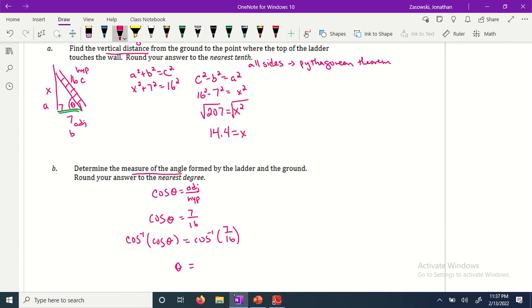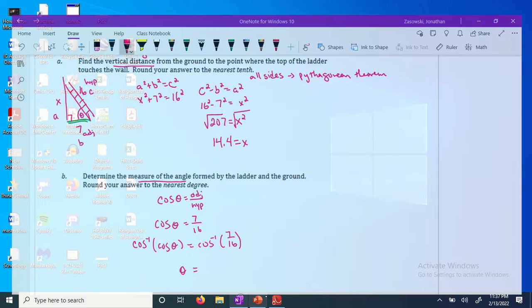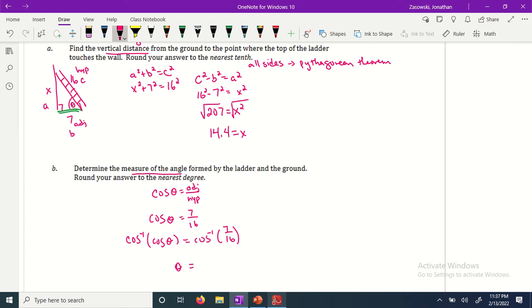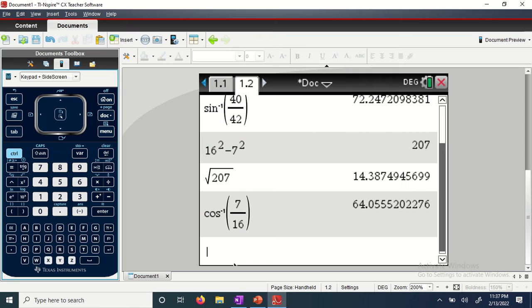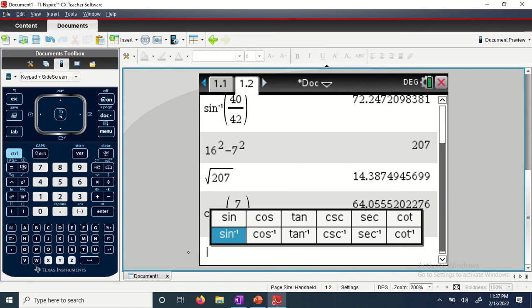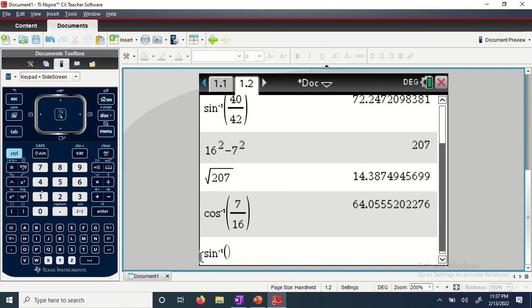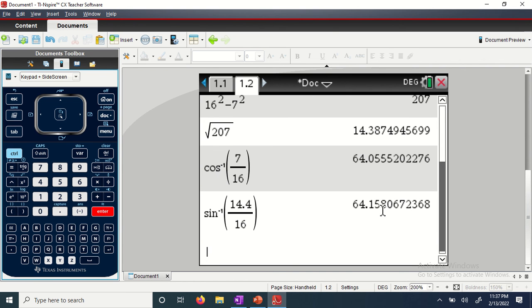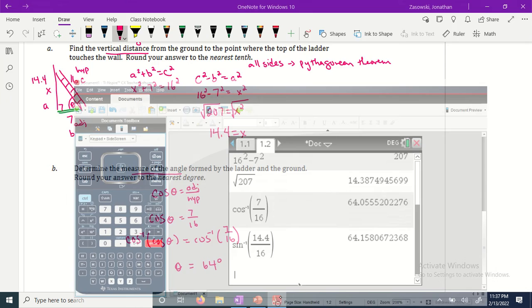And then theta is going to equal, oh, that's the wrong button, 64 to the nearest degree. And if you use the 14.4 here, you could have used sine and done sine inverse of 14.4 over 16, and you would have gotten a little different decimal, but it's the same answer of 64 here.